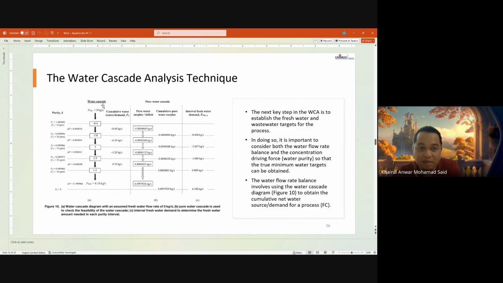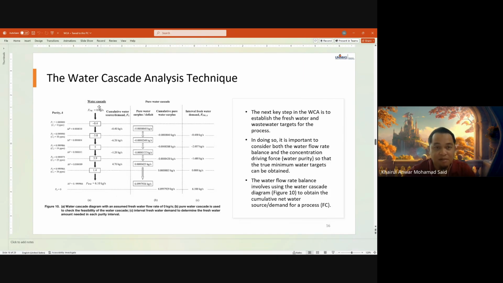Follow my cursor: 0 minus 0.4, then because it's a plus, it becomes minus. So at the end, this is the wastewater flow rate.